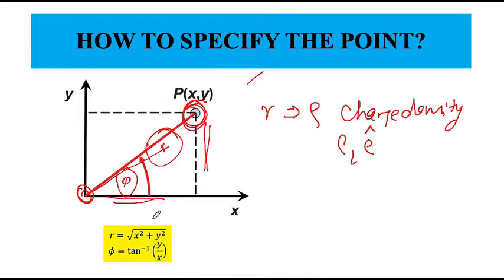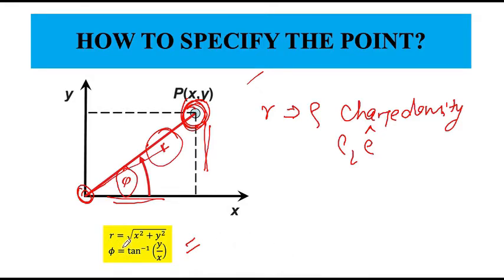Phi is nothing else but inverse tan of y by x. So these two will give me the equivalent point in the cylindrical coordinate system, just as x and y would give me the coordinates of a particular point. So this is called the cylindrical coordinate system.